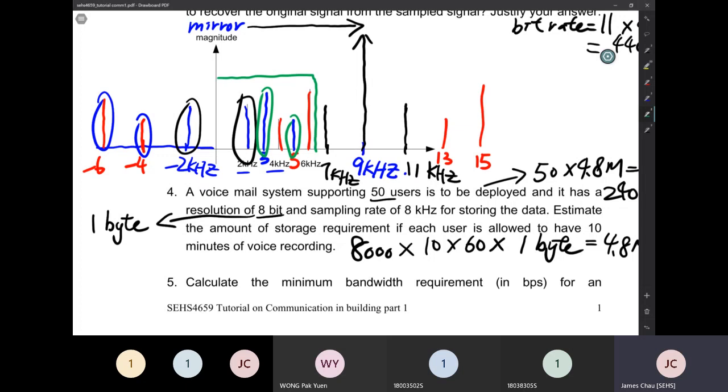And this effect is so-called aliasing. Okay? Do you get the same picture? And do you have any questions?